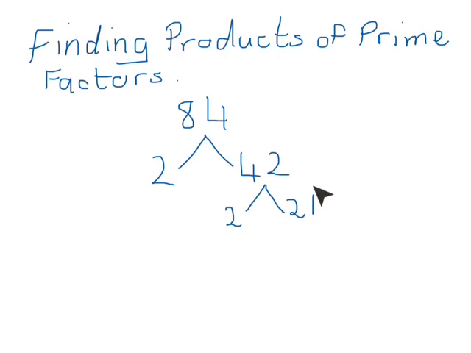Then we look at the composite number on the right, and we say what prime factor does 21 have? In other words, which prime number will go into 21? Well, I can actually think of two numbers. The number 3 goes into 21 and the number 7 goes into 21, and they're both prime.